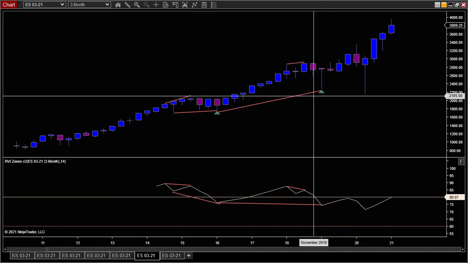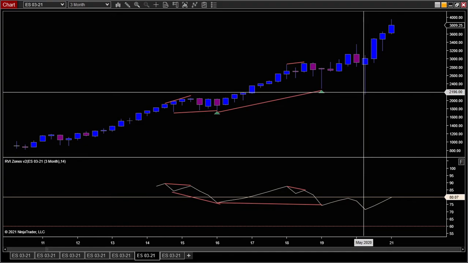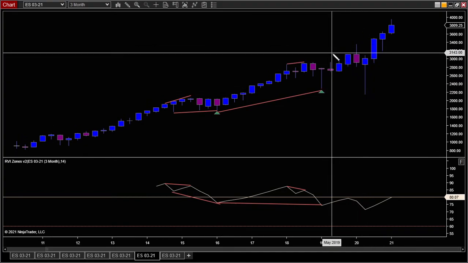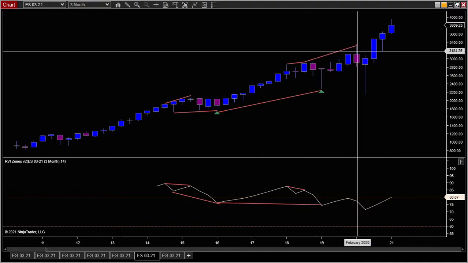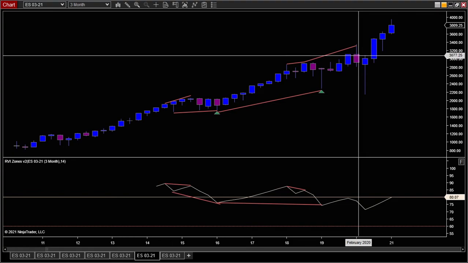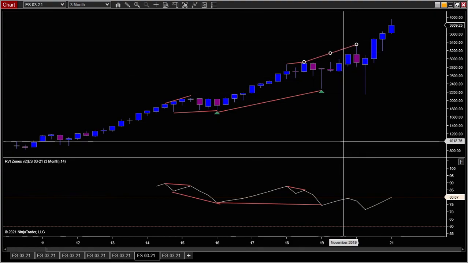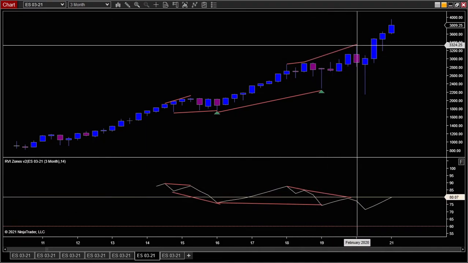So beautiful push off that low, and then just before the sell-off in, forgive me on these dates, March of 2020 for COVID, we then got another exhaustion pattern off the highs.